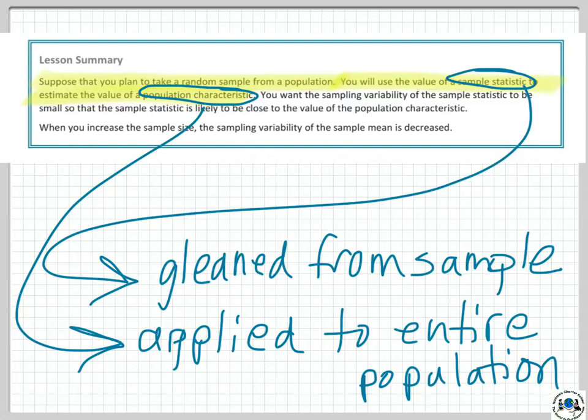And to be as certain as possible, we want the sampling variability of the sample statistic to be small, so the sample statistic is likely to be close to the value of the population characteristic. We are trying to get as close as we can.